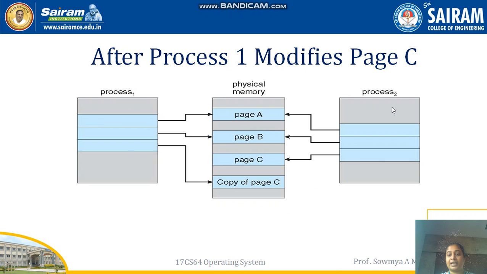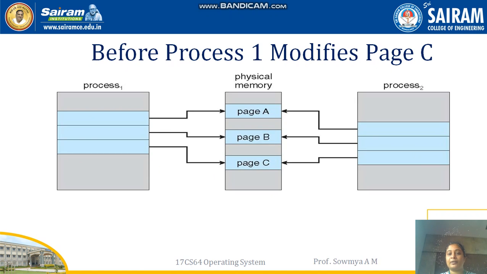If it is shared by some other process, the page will still be used by it. If not, this page will be considered free space, since there won't be any reference to that page in the page table. Okay, so this is how copy on write works.